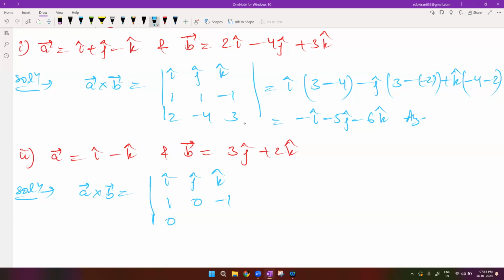Then there is no i, 0, 3, 2. Which would be 3i minus 2j plus 3k. That should be the answer.